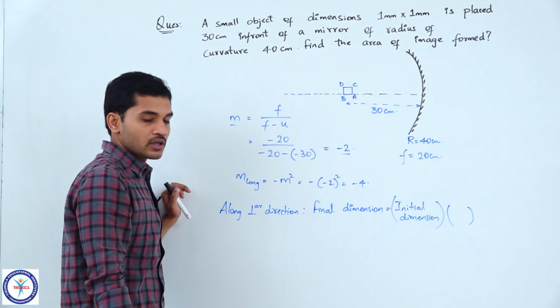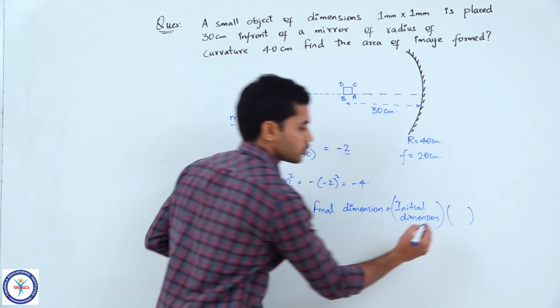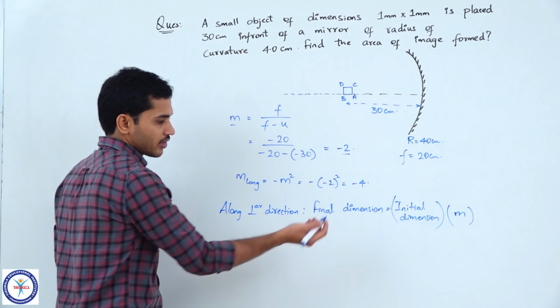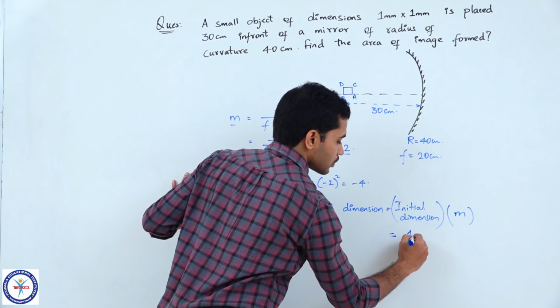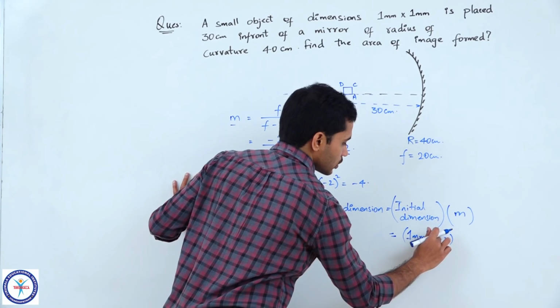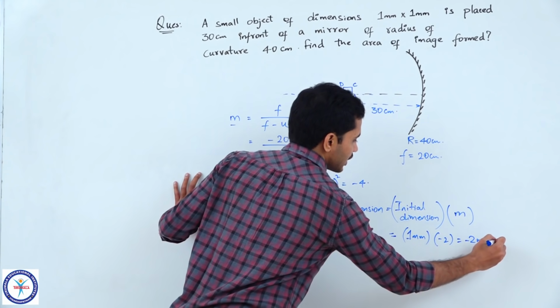Is it longitudinal or lateral magnification? Because we are talking about perpendicular direction, we should be using lateral magnification. And when I substitute the values, the initial dimension is 1 millimeter multiplied by the magnification, which is minus 2. So substituting this will give me the value as minus 2 millimeters.